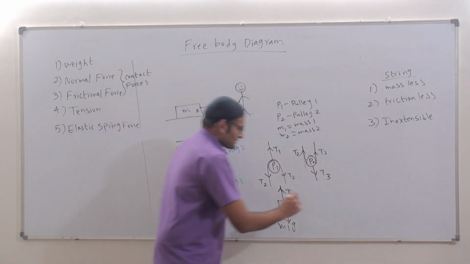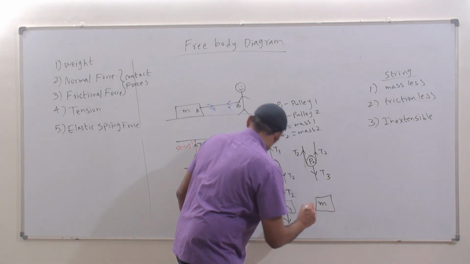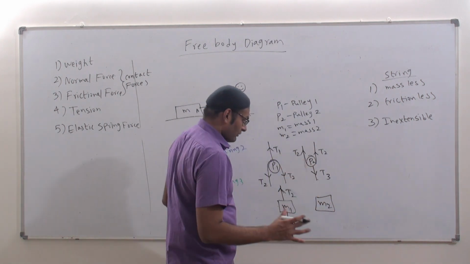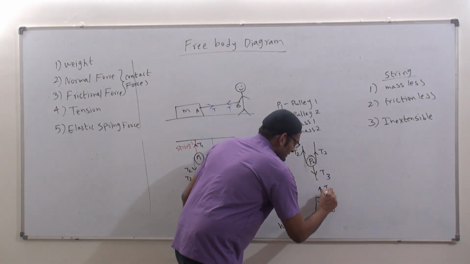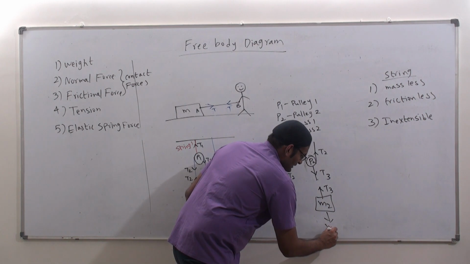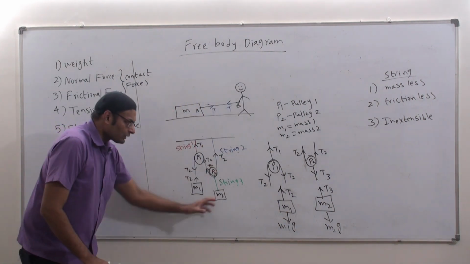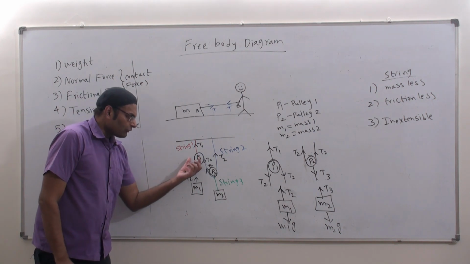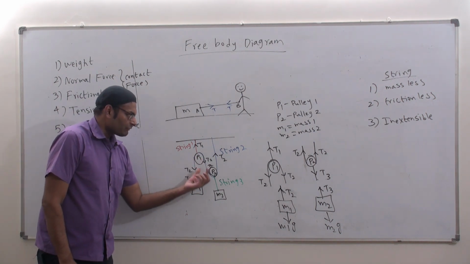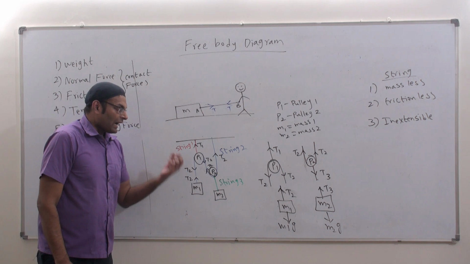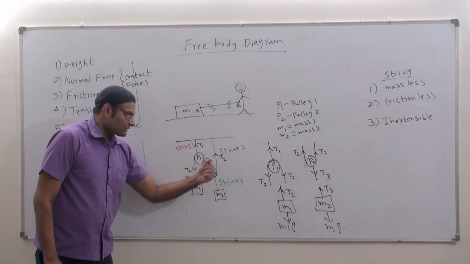Now let's take M2. Now let's see the forces acting on it. This is T3, this is M2g. Now I'll repeat this once again. So what am I doing? I took an example of a pulley system: P1, P2, M1, M2. I have 3 strings: string 1, string 2, string 3.